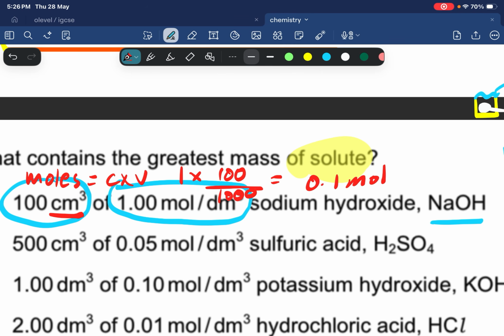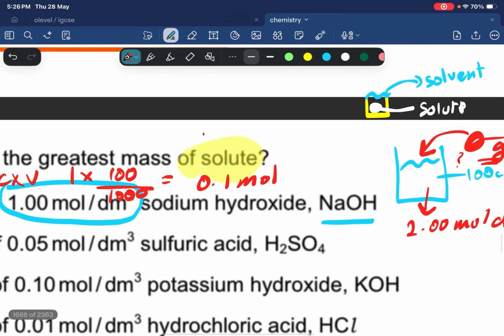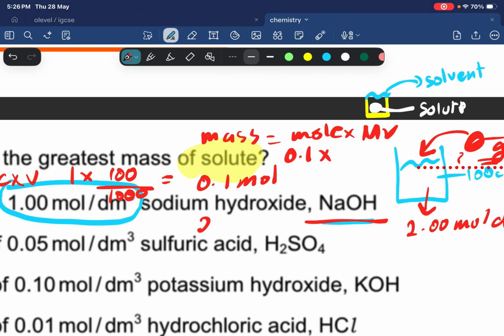Now we have the moles, we have to figure out the mass. How do we figure out the mass? Simple. Mass equals moles times Mr, or Ar, or formula mass. Moles is 0.1. Mr of NaOH is going to be: Na is 23, let me check in the periodic table.